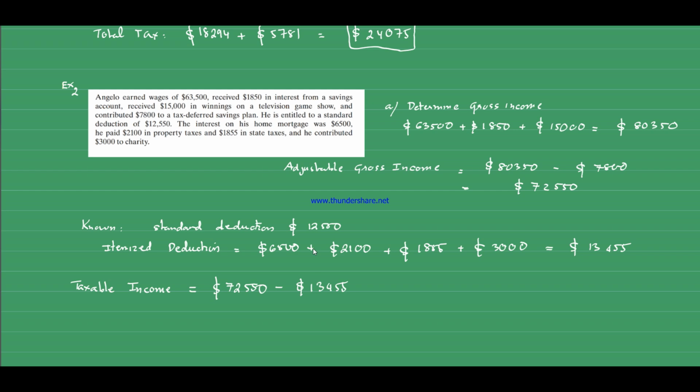So 72,550 minus 13,455 is 59,095. So that is the taxable income, the amount of income the government taxes you. Okay, good. Any question? All right, now let's jump to another example.